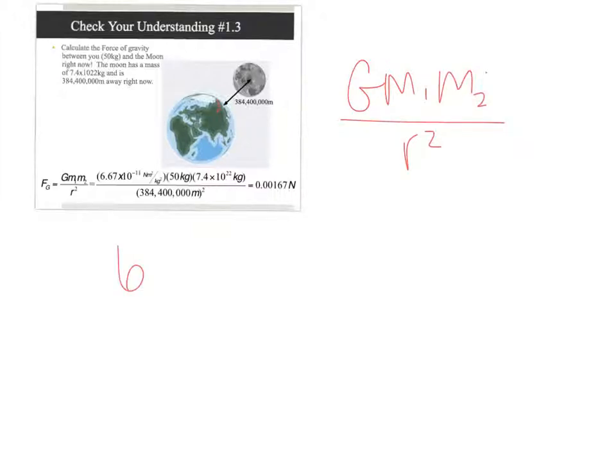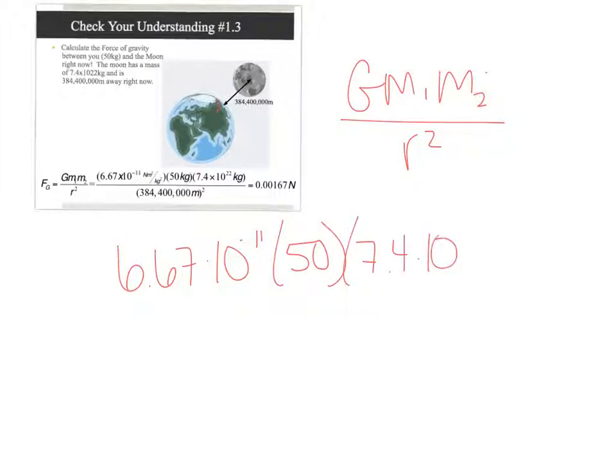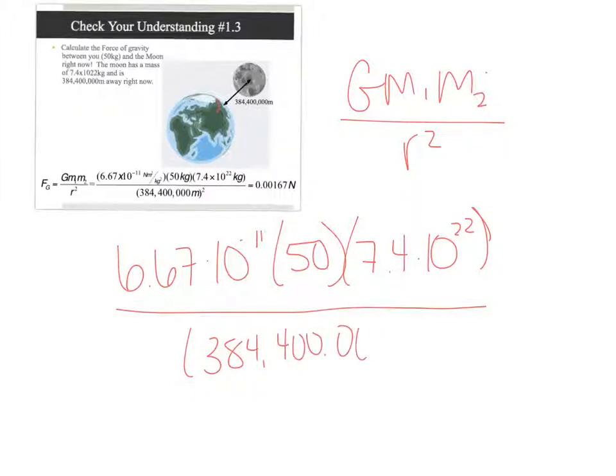Big G is again 6.67 times 10 to the negative 11th. M1, which is me, 50. M2, the mass of the Moon, is 7.4 times 10 to the 22nd, divided by 384,400,000 squared. So I need to square that.